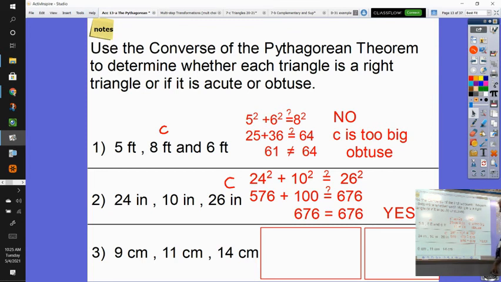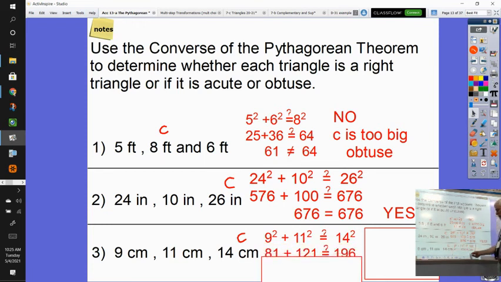Number 3. The hypotenuse is c. The longest length is 14. That would have to be the hypotenuse. 9 squared plus 11 squared, that's 81 plus 121. 14 squared is 196. This comes out to 202.